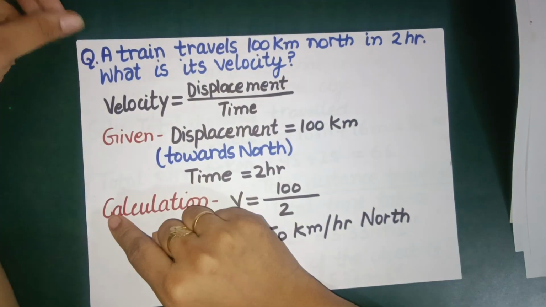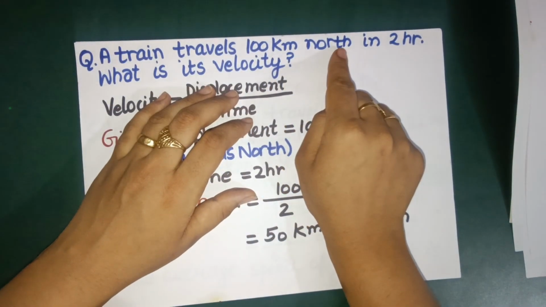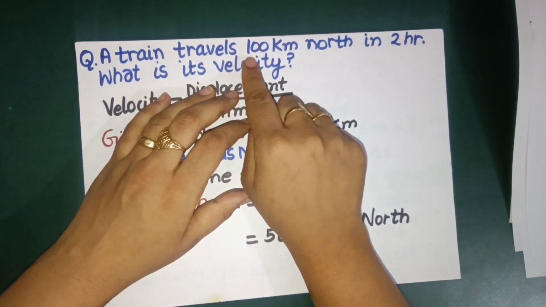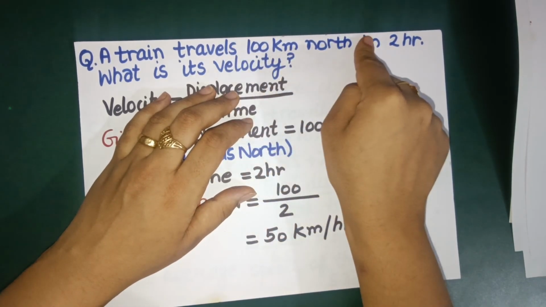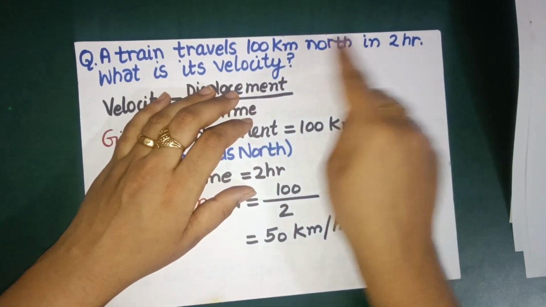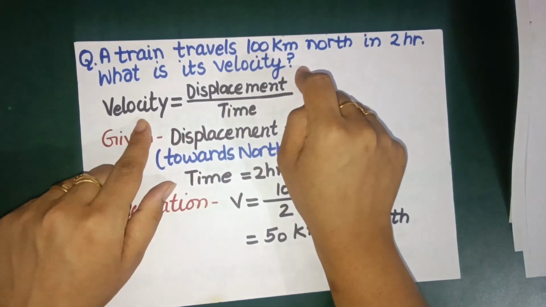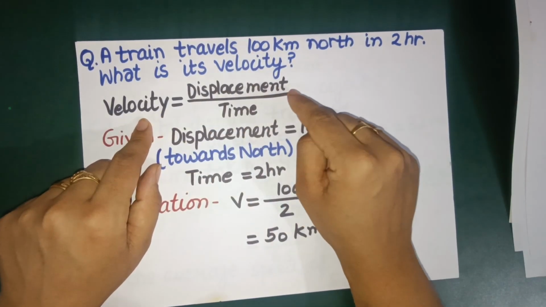We have a train that travels 100 kilometers north. So we know whenever we are given distance with the direction, it is the displacement. So we are given the displacement and the time is 2 hours. Then what is its velocity? You know the formula of velocity. Velocity is displacement over time.